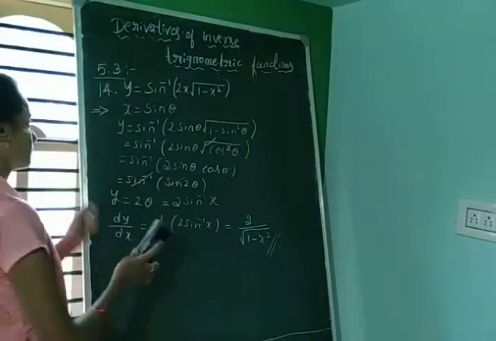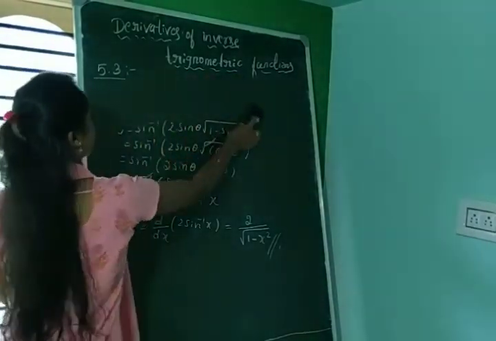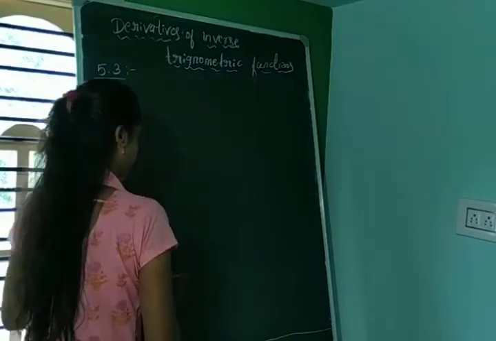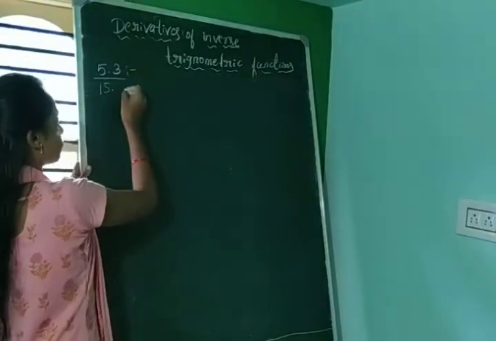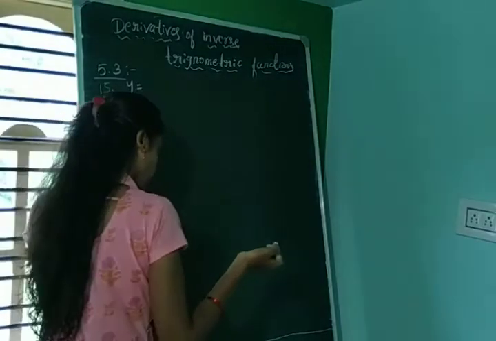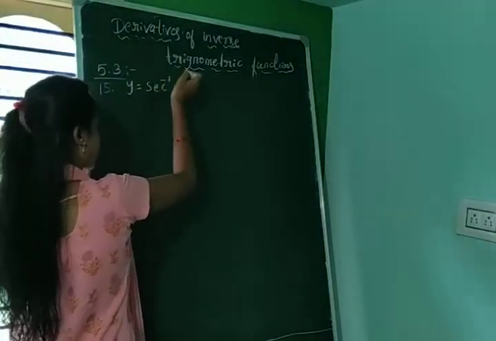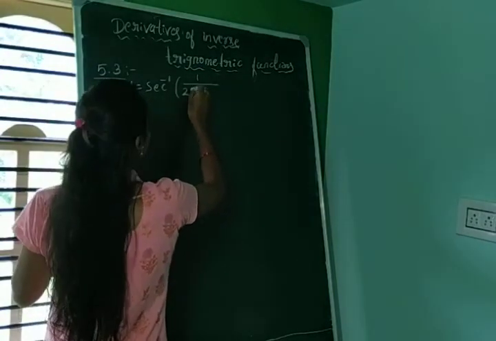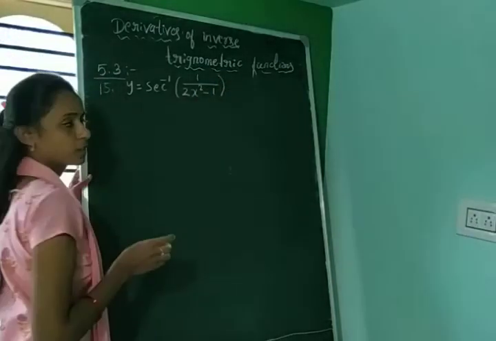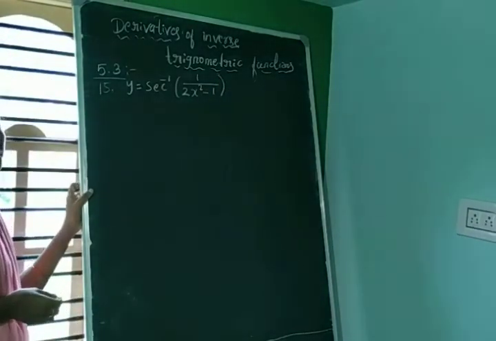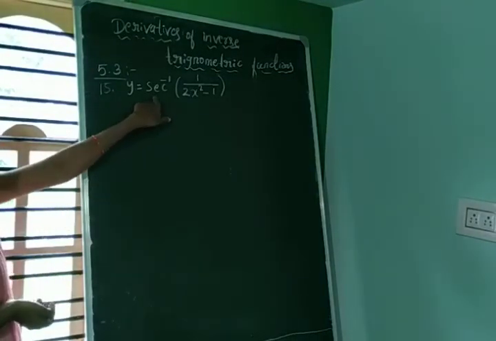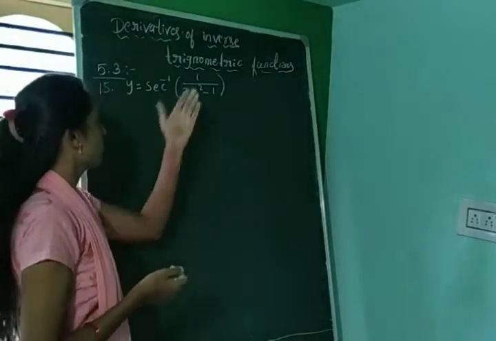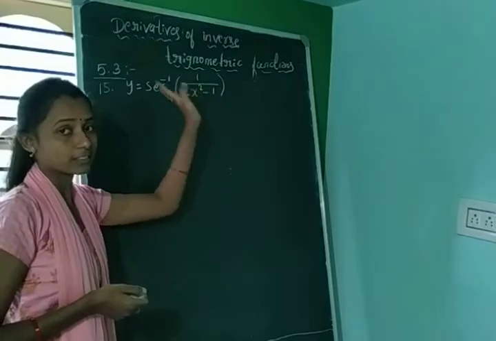Okay. So last one. Let us complete this exercise. So 15.1. Find dy by dx if y is equal to secant inverse of 1 divided by 2x square minus 1. So while going with the substitution, you should remember that if it is a secant, then you take the variable x as a cos, because as you know the reciprocal, right, means a ratio. 1 by cos is a secant or 1 by secant is a cos.